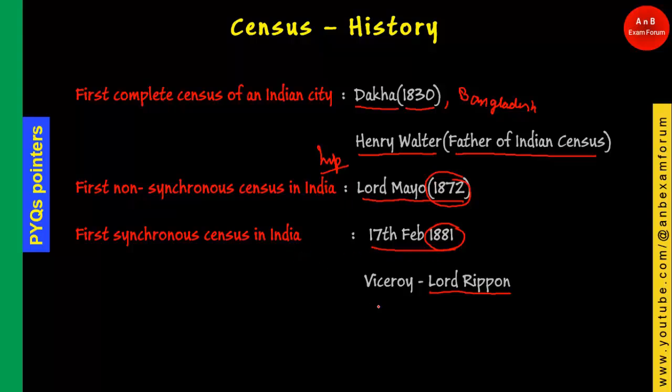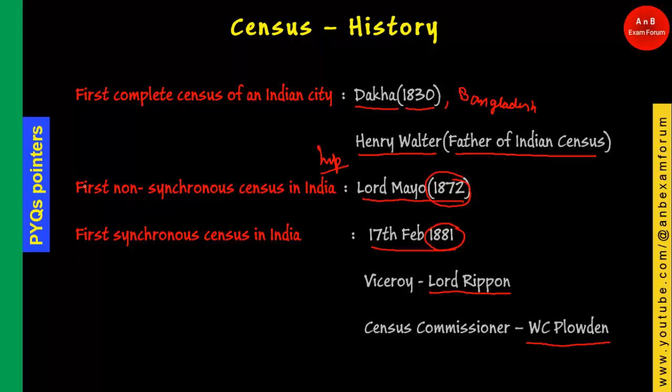The first synchronous census in India was carried out under the Viceroy Lord Ripon. One more question they can ask you is the census commissioner. Who was the census commissioner when the first synchronous census was carried out? It is W.C. Plowden. Just remember this name.